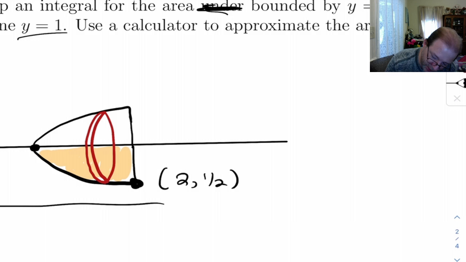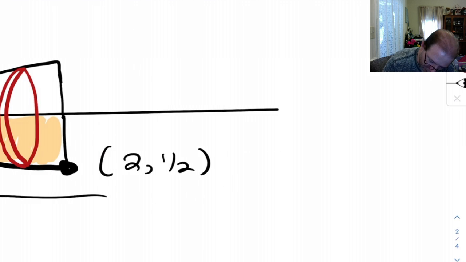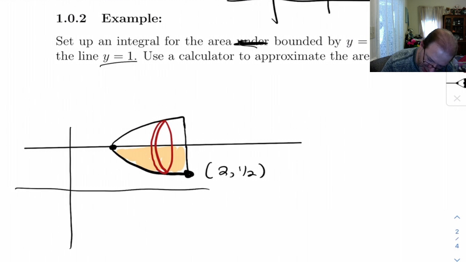And we got to come up with the thing's radius and its thickness. And I've already made one mistake here. When I draw the radius, I don't want to draw it to the reflection. You always want to draw the radius from the center back to the original graph.